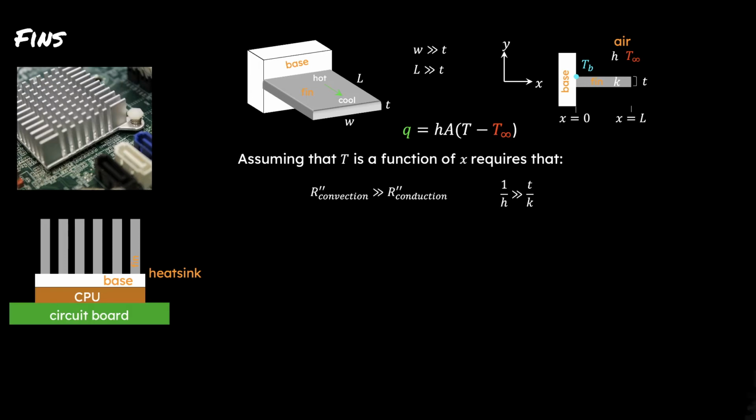The reasoning behind this statement is that if the resistivity due to convection is much greater than that due to conduction, this means that there will not be that much of a temperature change along the thickness dimension, the y dimension. And hence, we can treat this as a temperature distribution that exists only in the x direction.